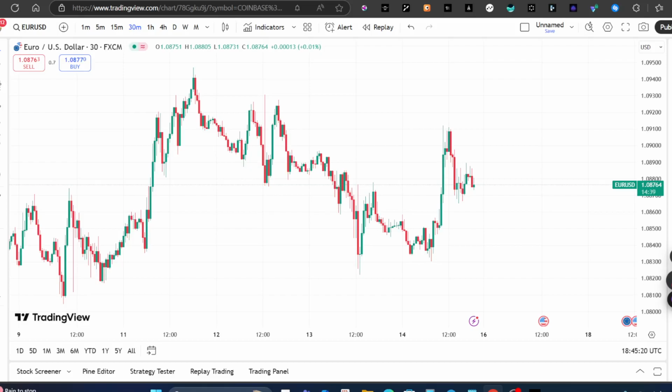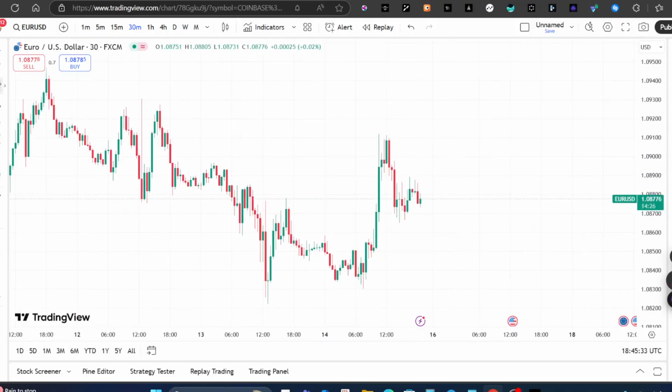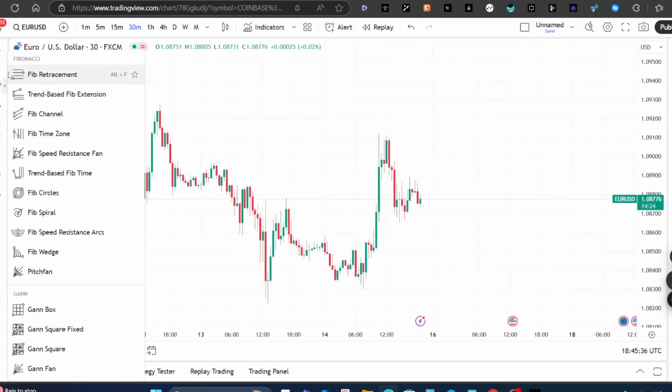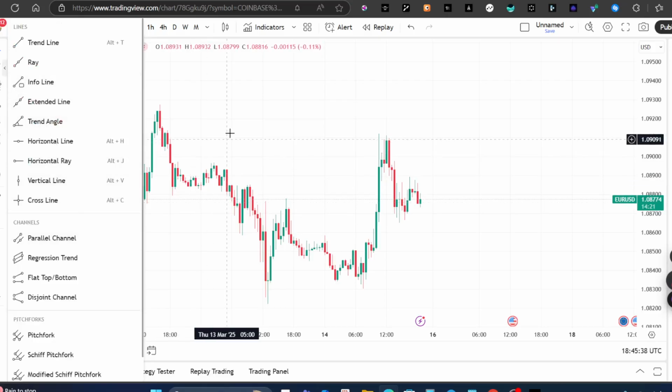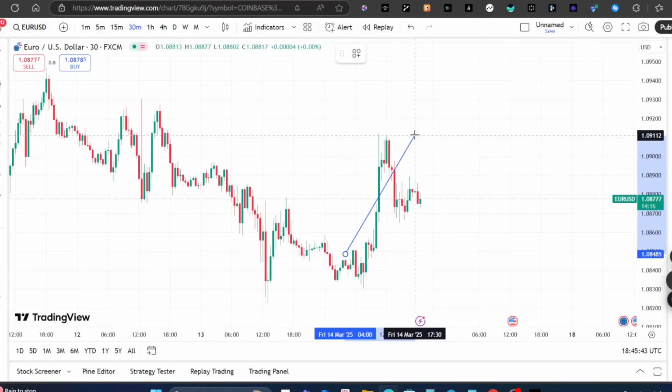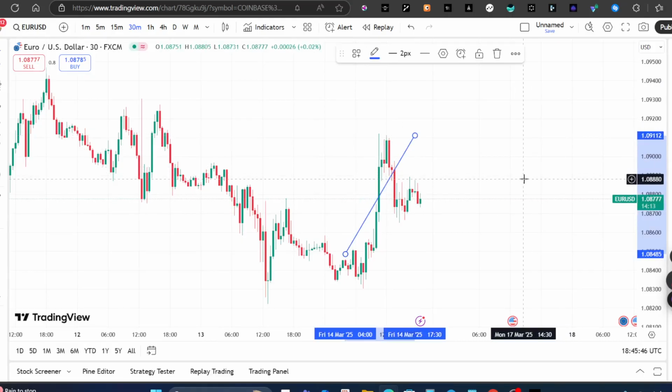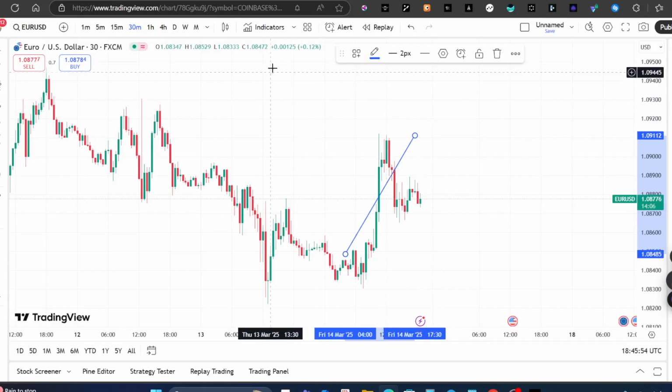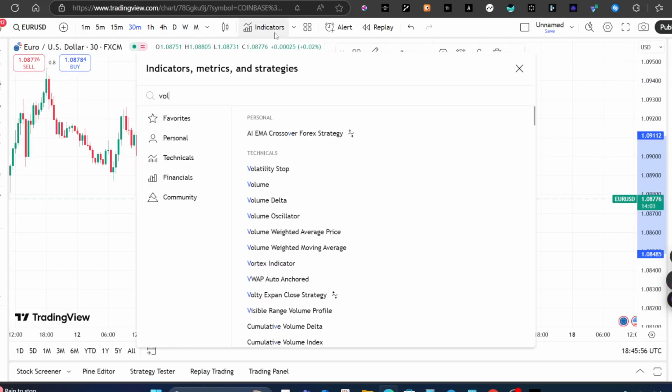So why is volume so important in trading? Well, volume tells us the strength behind a price move. When a price moves in a certain direction, volume helps us confirm whether that move is backed by a lot of market participants or if it is just a false move.